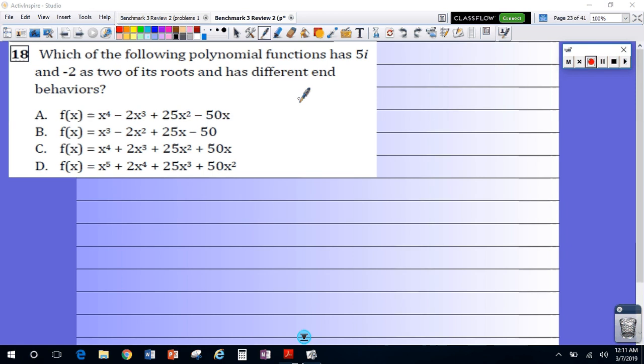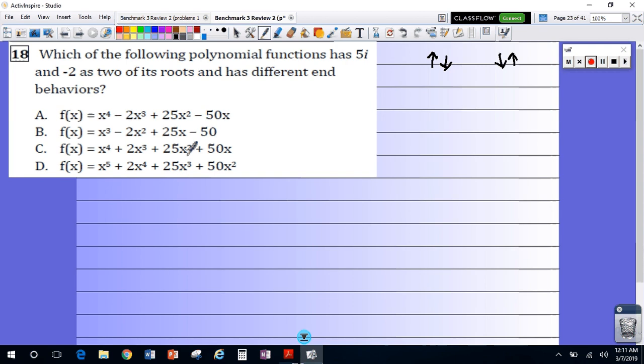Yeah. In problem number 18, which of the following polynomial functions has 5i and minus 2 as two of its roots and has different end behaviors? Different end behaviors means either it goes up or down, or comes down or goes up.